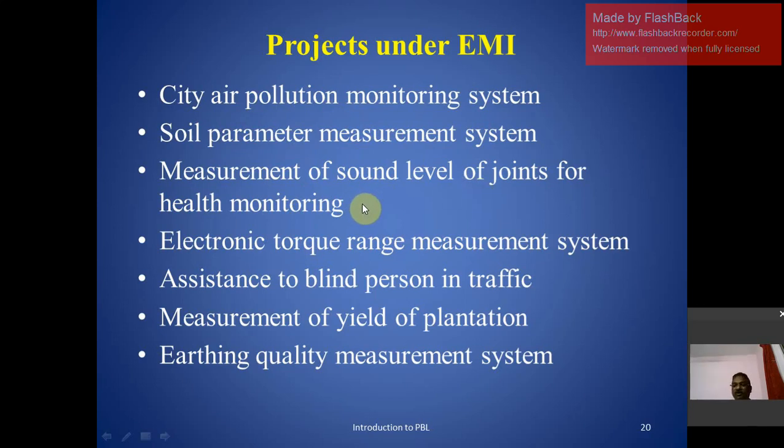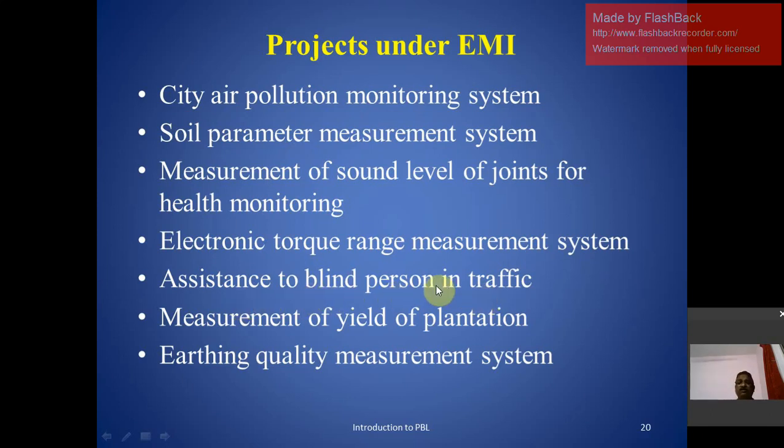Many older people have problems with knee joints or joint problems, so recording the joint sound is a useful project for society. So we have included that project. Then the electronic torque range measurement system. Then assistance to blind persons in traffic.